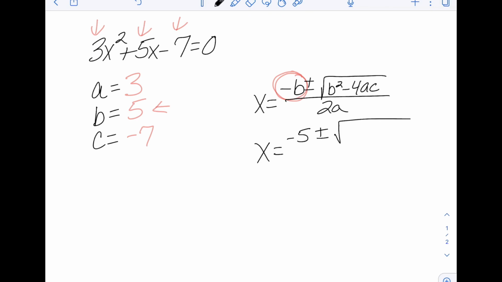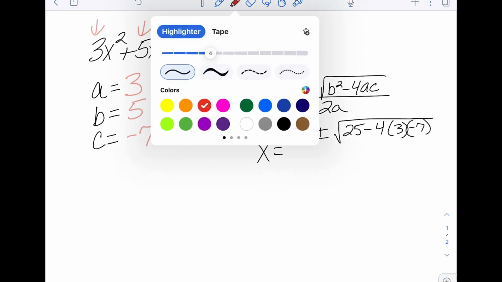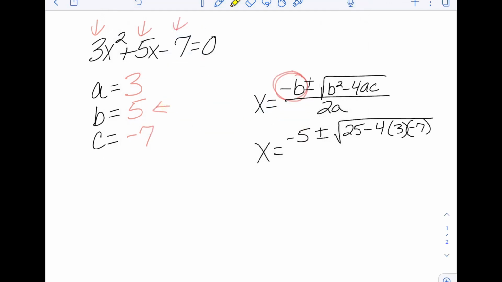The square root, and there's quite a bit inside, b squared is 5 times 5 minus 4 times a times c. When we do this, we have to figure out what's inside the radical. This is called the discriminant.